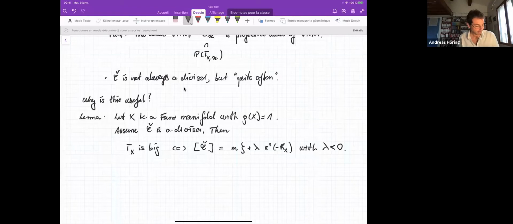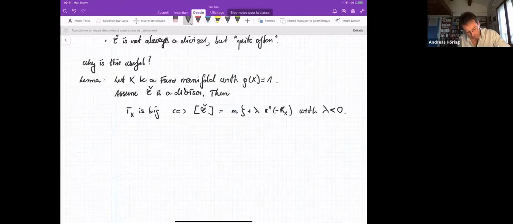Okay, so let me prove the lemma, and there you will see why somehow it's a good choice to work with these minimal sections. Let me prove this implication because that's the interesting one. So Tx big, let me recall that this means that the tautological class on your projectivization is big.